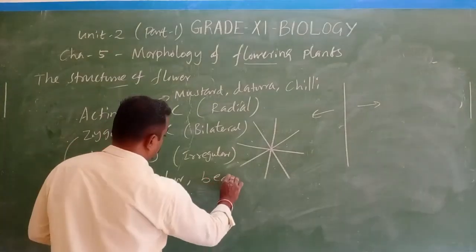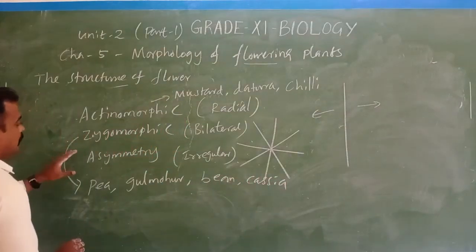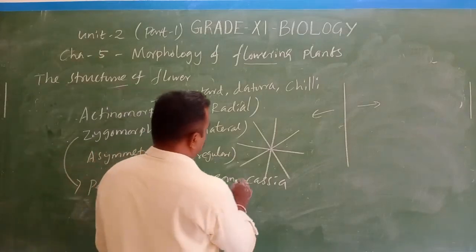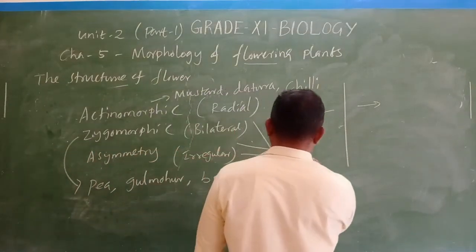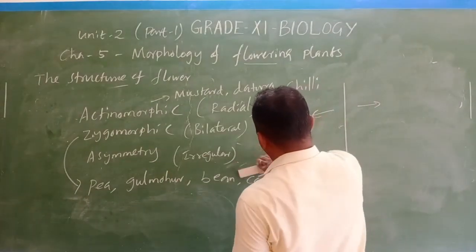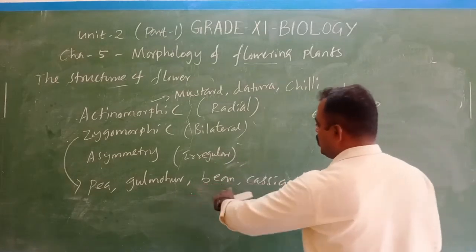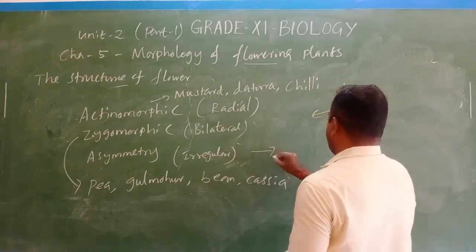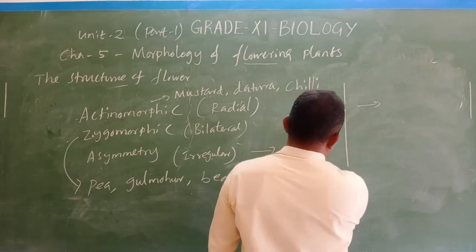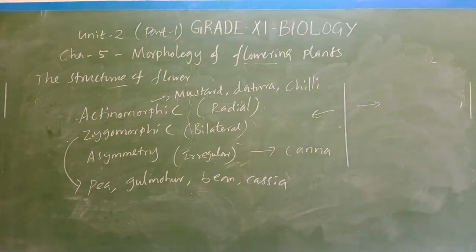For asymmetry, the example is canna. So these are the examples for actinomorphic, zygomorphic, and asymmetry.